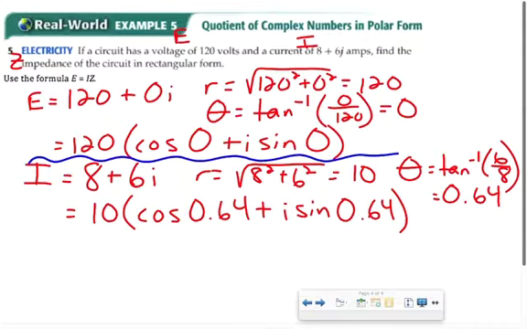And so if I'm trying to solve for Z, I would hope that you'd realize that Z will equal E over I.